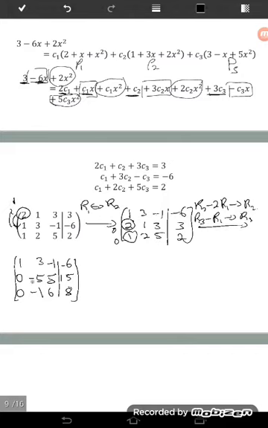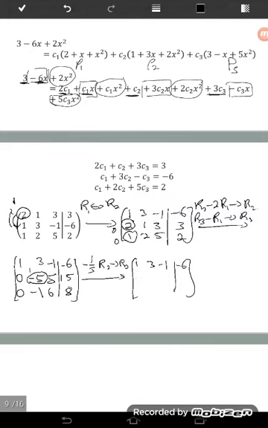Okay, so next, make this one the leading 1. To make this one become the leading 1, I use negative 1 over 5 times row number 2 and put it back at row number 2. So I have here 1, 3, negative 1, negative 6.